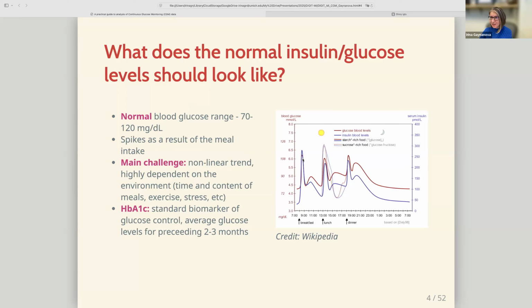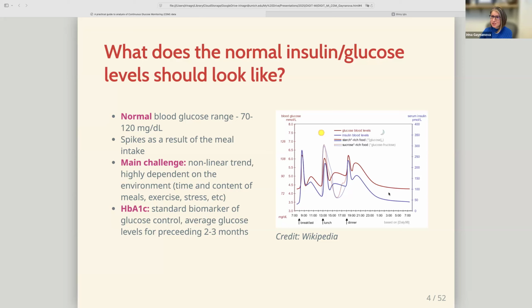Our body will sense that our glucose goes up, will produce insulin, and then it goes down, and then we eat again, and this process repeats. You can see that glucose in the US is typically reported in milligrams per deciliter. The normal range would be somewhere from 70 to 120. In Europe, the unit of measurement is typically different. Everything that I will do today will be in milligrams per deciliter.